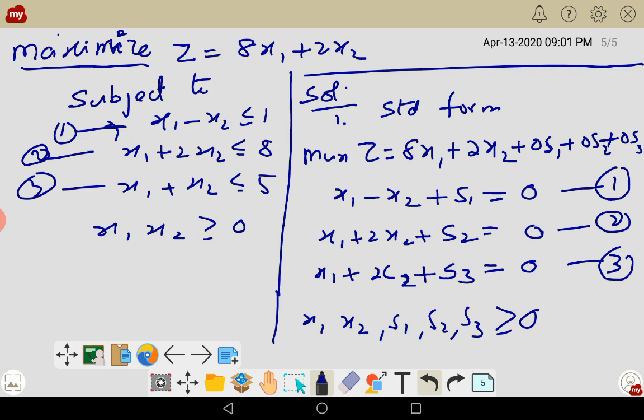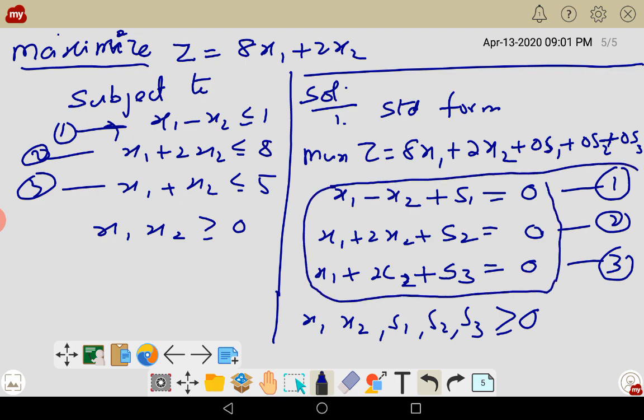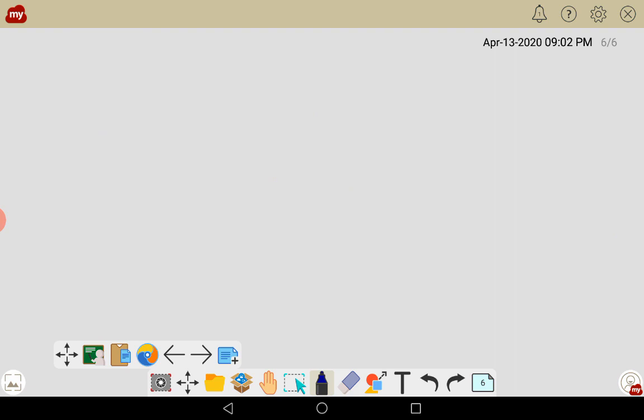Now using these values we complete the table, and then in the last row we will write the z in opposite sign, isn't it? Let's do it. First simplex table.